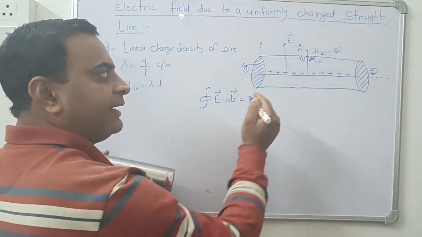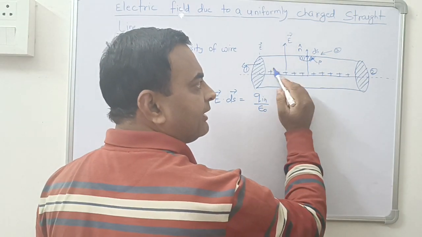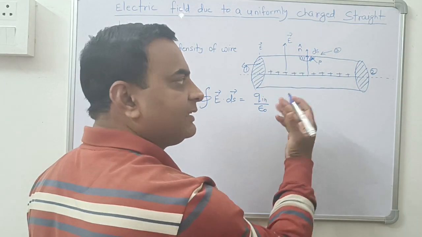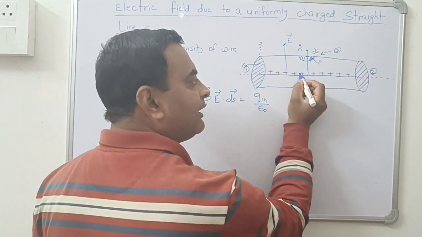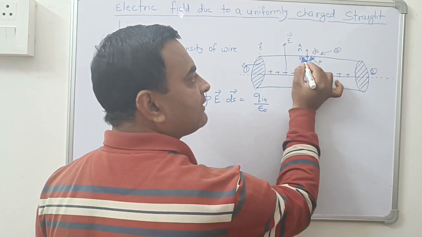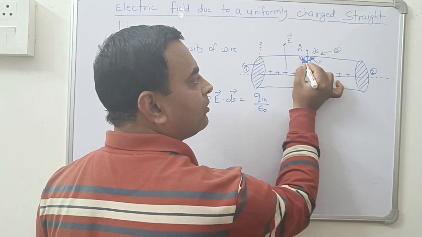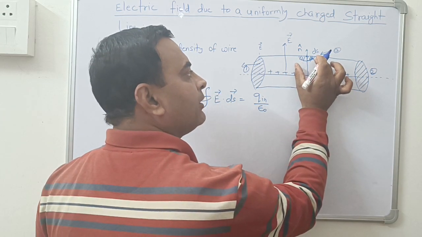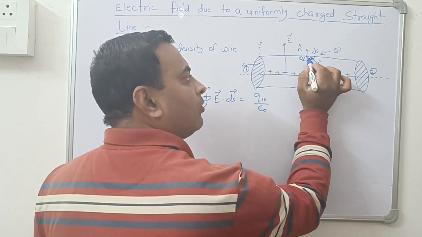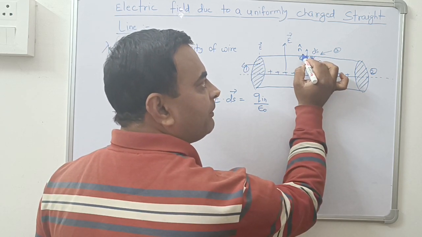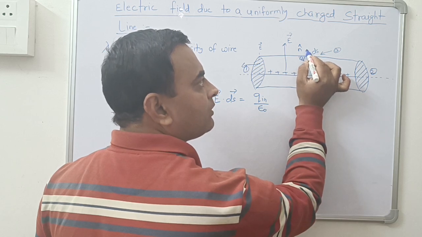And for this curved cylindrical surface, what is the area vector here? This is a small area dS that we have assumed here, and its direction is always perpendicular to the surface.